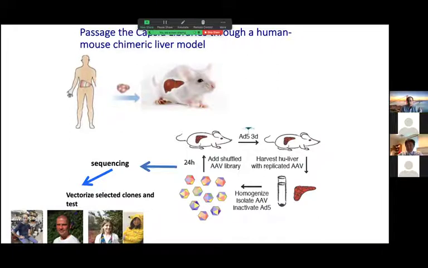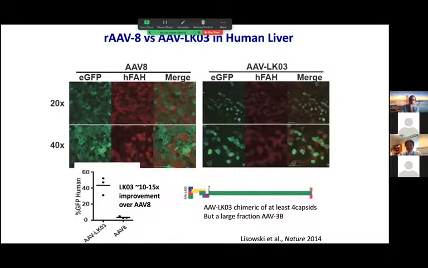Then we passaged this through the humanized mouse system because we wanted something that would work best in a human liver. And what we show here is that when we were able to do this selection, we found a variant called LK03 that's made up of about 4 different capsids, chimeric. Again, this was all made through selection in this humanized mouse system.